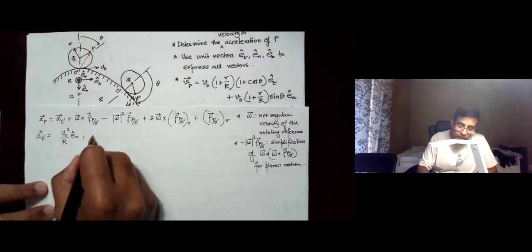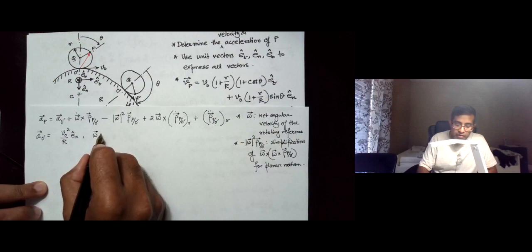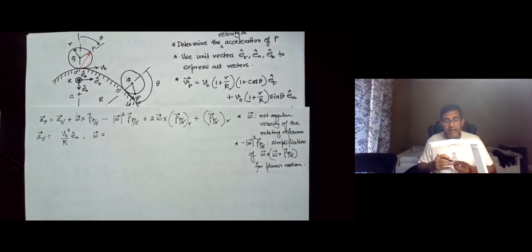Now omega is, as mentioned here, the net angular velocity of the rotating frame. The rotating frame is CQ. It is the rotation of CQ that we need to incorporate. So what is the angular velocity with which the line CQ is turning?